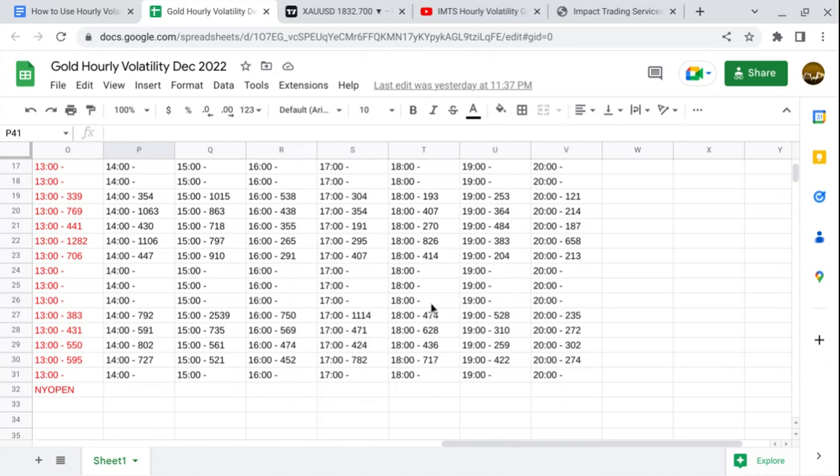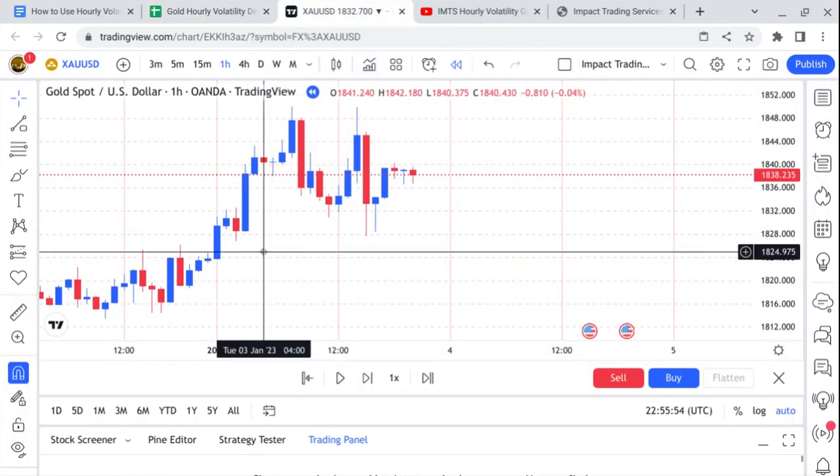We have some 700 moves there, 800 moves there. 700, 500, 500, 700, so we're getting up into the 800 range. We want to study this data so we can plan our New York session trading, 13, 14, 15, 16, 17. Now we'll go to the charts.